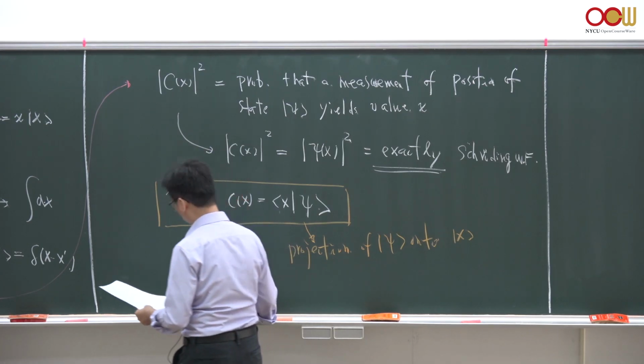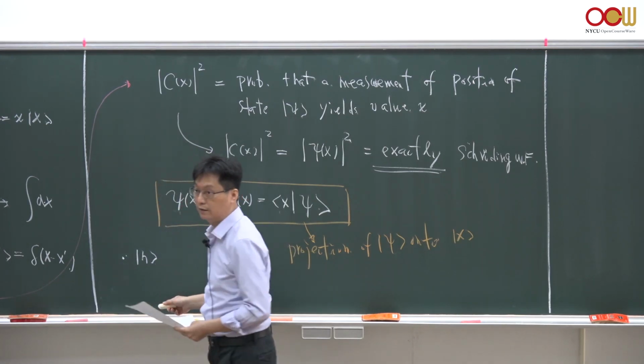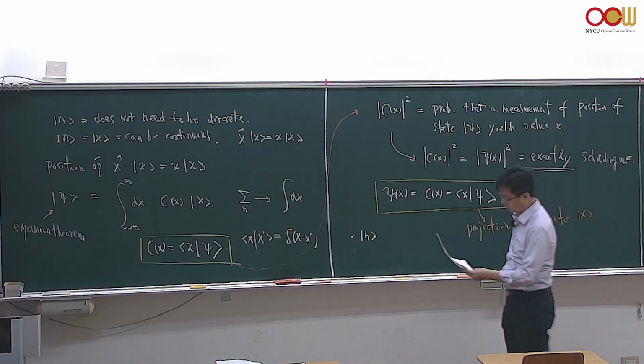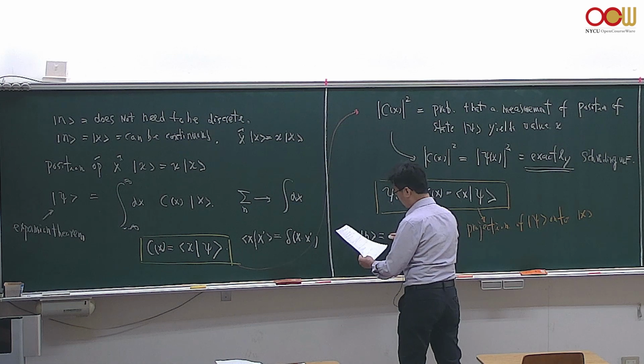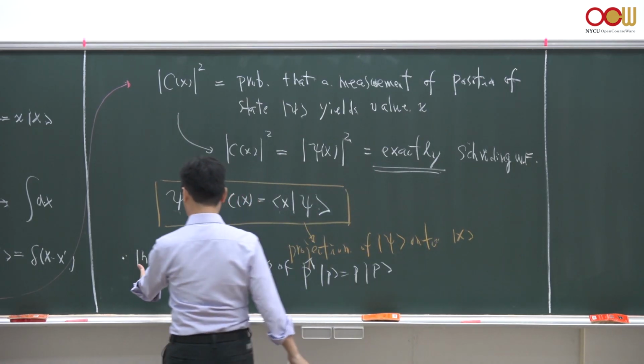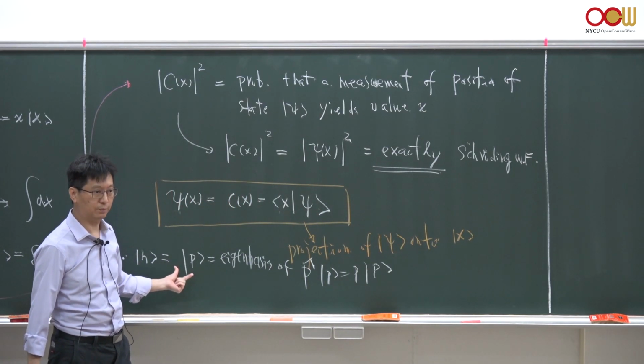You can imagine that this eigenbasis n could be not the position eigenbasis, but the eigenbasis of the momentum operator. Suppose this little n in the Dirac notation represents the eigenstates of the momentum operator.